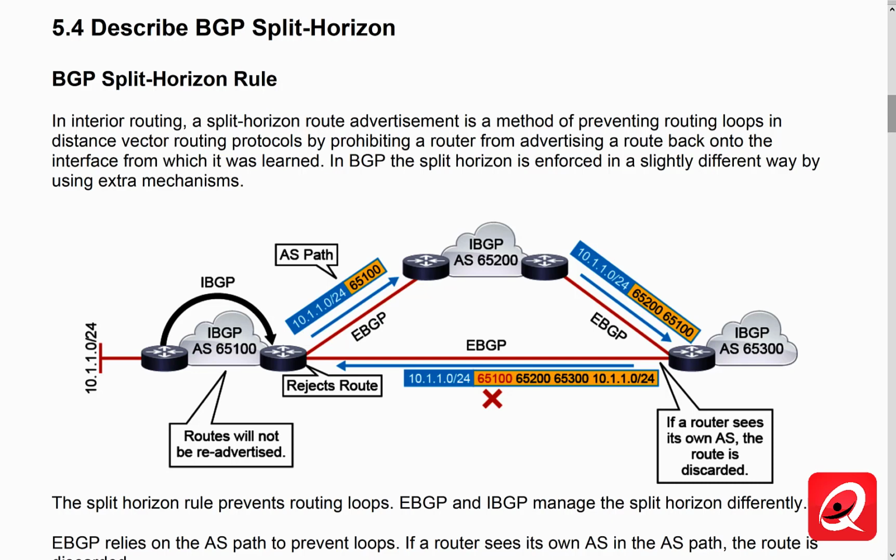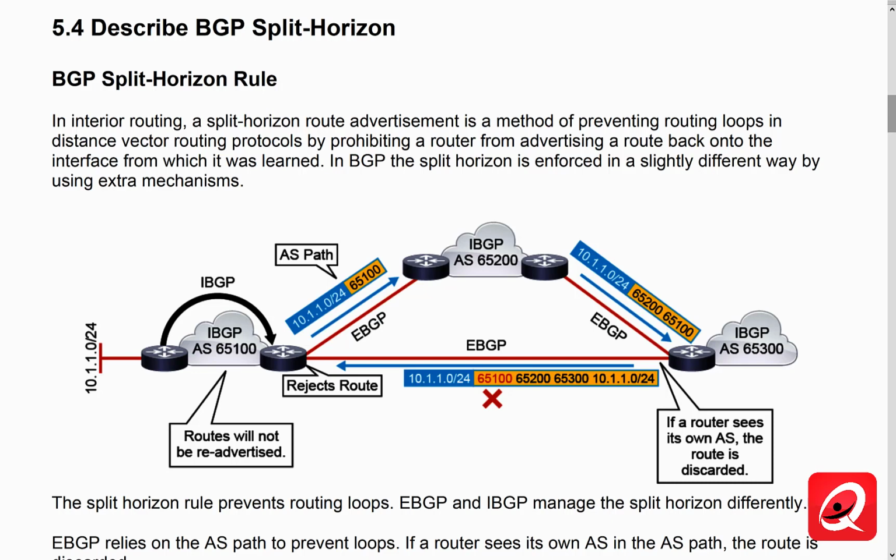But the rule that we have for iBGP, which is the split horizon rule, says, you know what? You will never re-advertise a route that you learn from one iBGP peer to another iBGP peer. Now, that's not to say that I can't repropagate routes, right? As long as the route comes from an eBGP speaker, I can reflect, well, I shouldn't use that term.